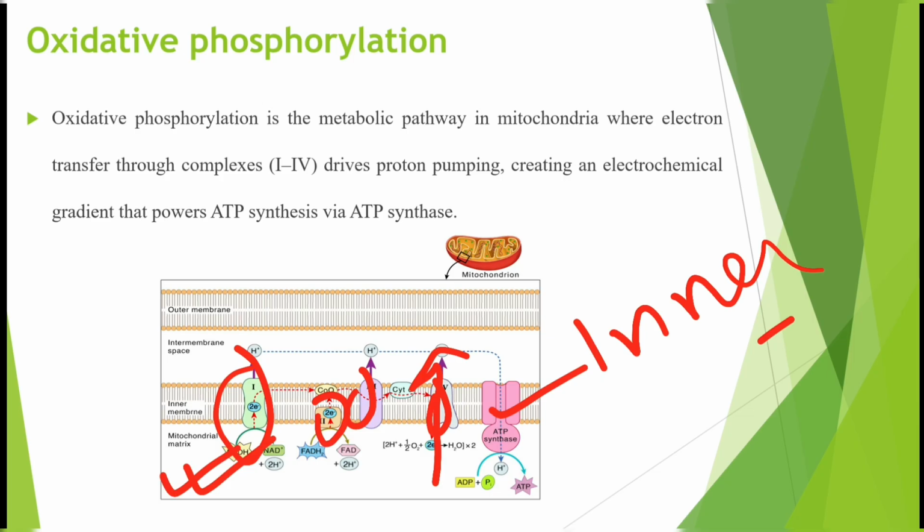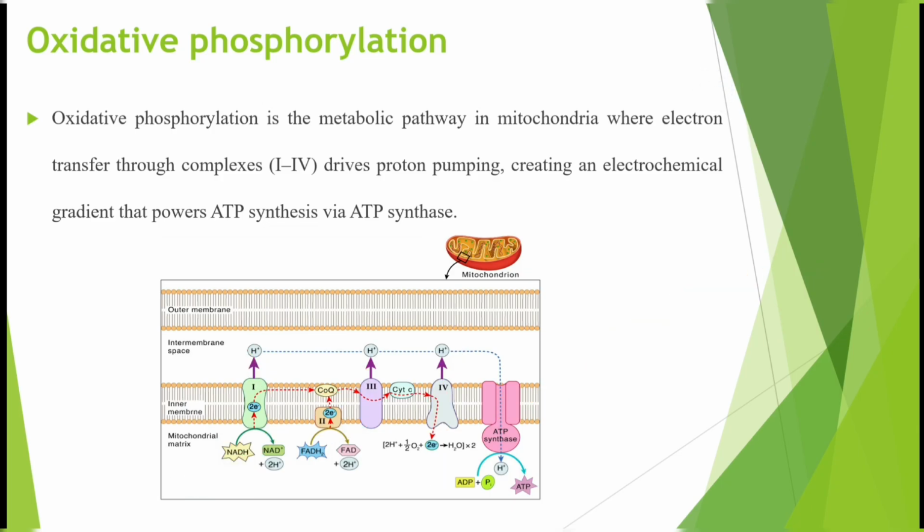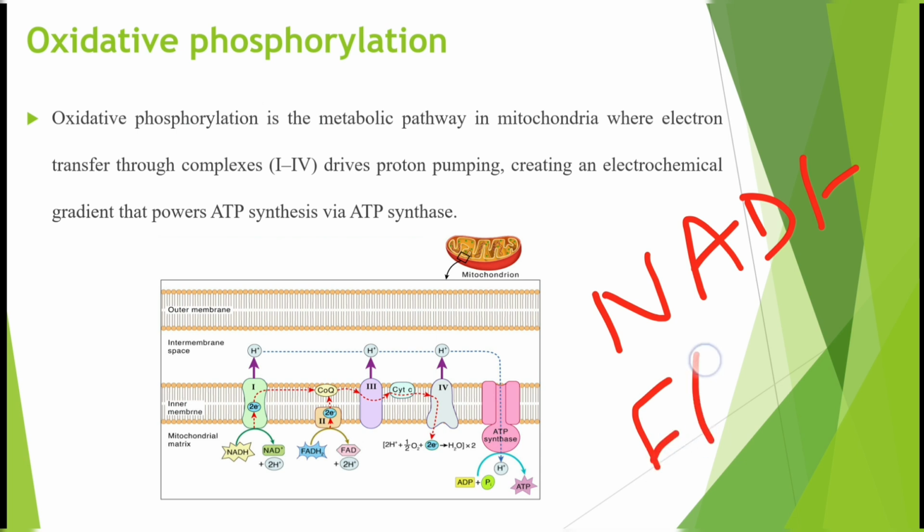So what are the key components of this process and steps? At first, the electron donors. Molecules like NADH and FADH2 play the role of electron donors. They drop off their high energy electrons at the start of the chain.